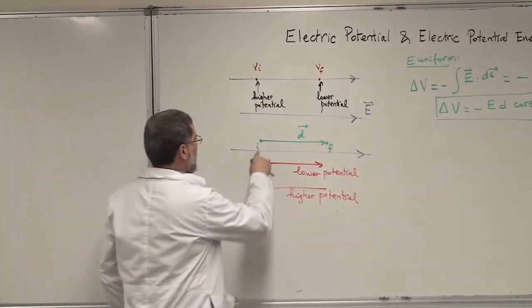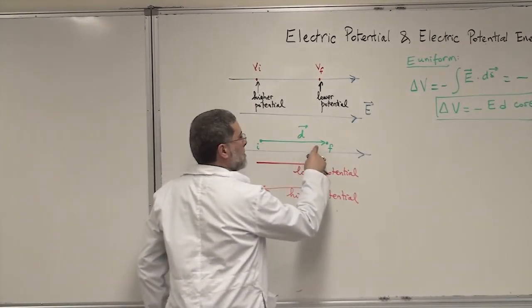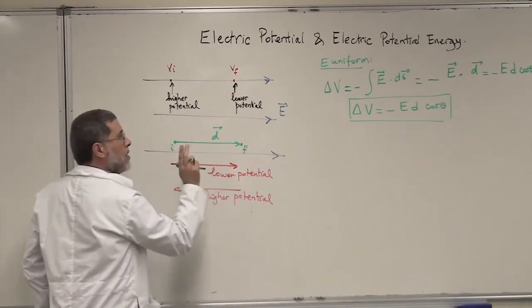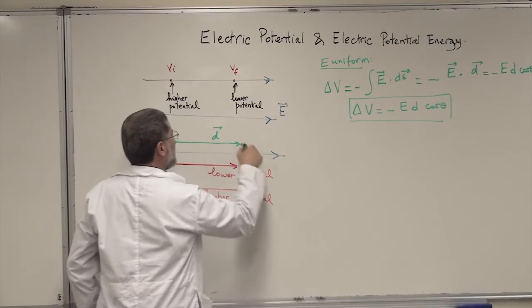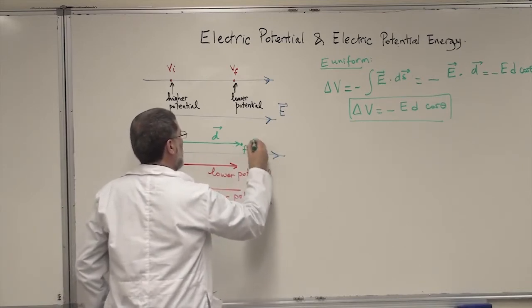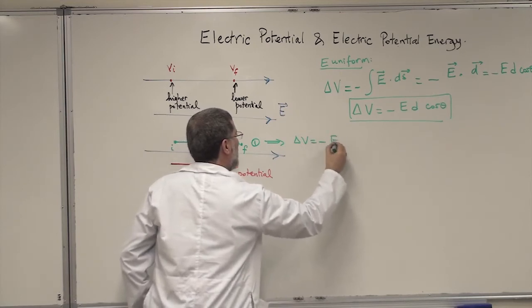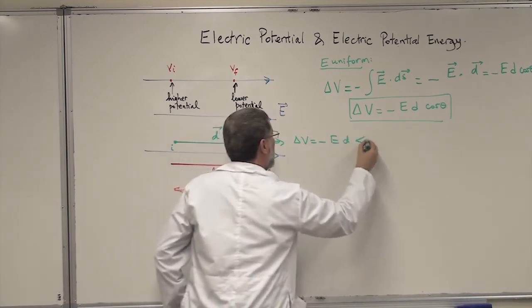So as you move from this point to this point, the angle between E and d is 0. So how much is delta V for this case? Case number 1. Here, delta V is minus E d, and this will be negative.